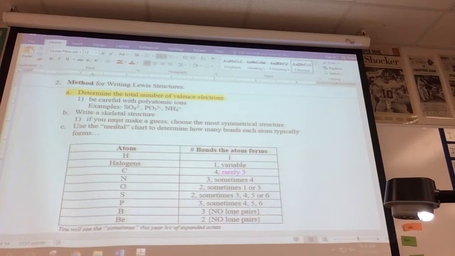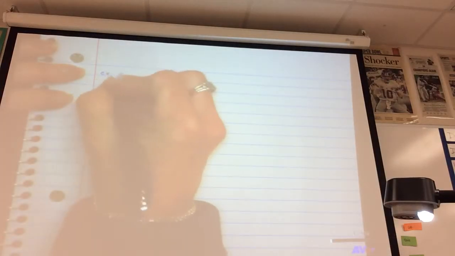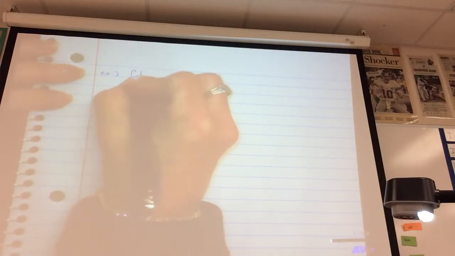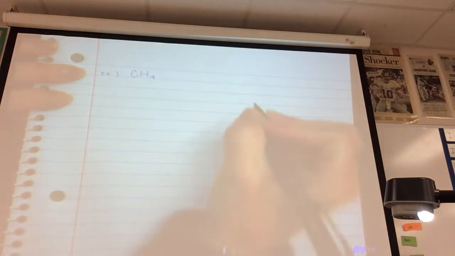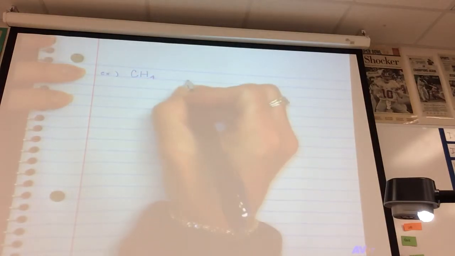The first step always, and critically important this year, is to get the total number of valence electrons for your compound or polyatomic ion. For example, let's say you had methane, CH4. Carbon is in group 14, so it has 4 valence electrons.